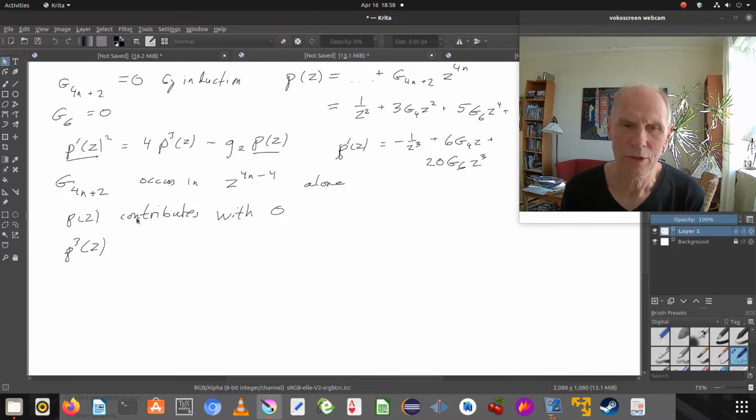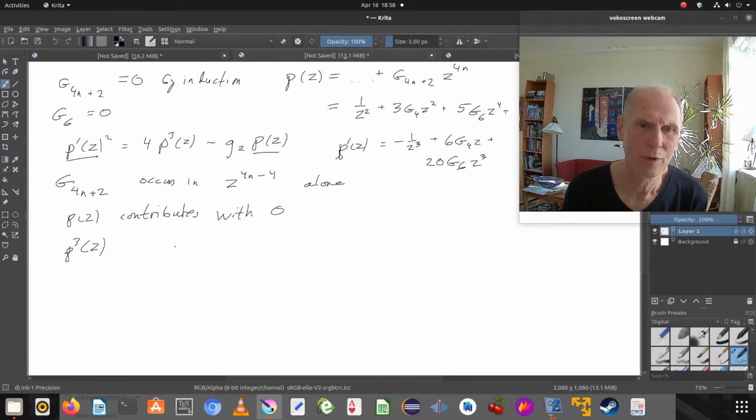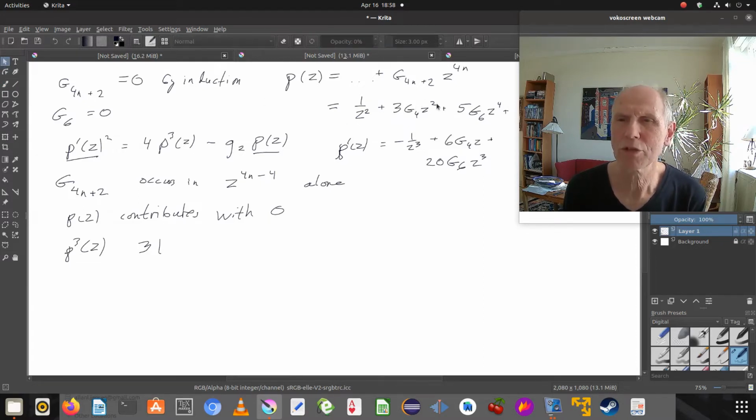Oh yeah. The power is 3 times. So the only power is 4n plus 2, so it's 2 modulo 4 that occurs. So it's 3 times 2 modulo 4, which of course gives 2.